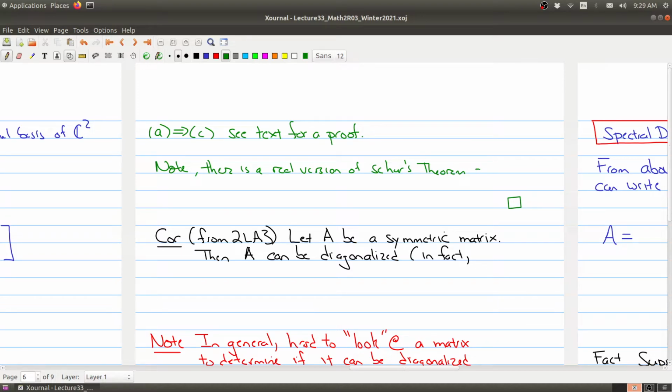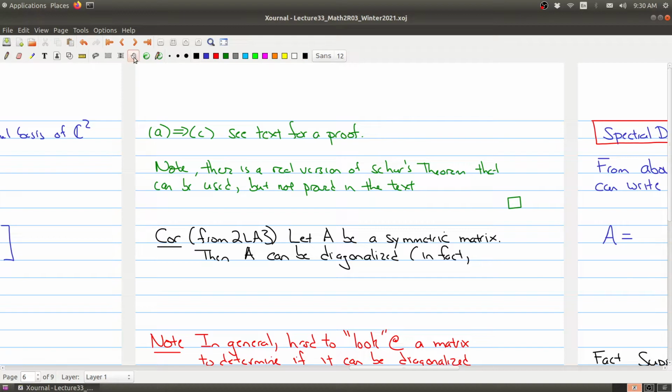That can be used, but this is not proved in the text. So the author decided not to use a real version of Schur's theorem, which is fine.